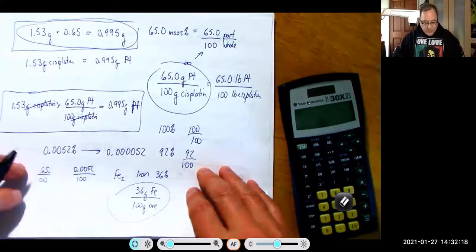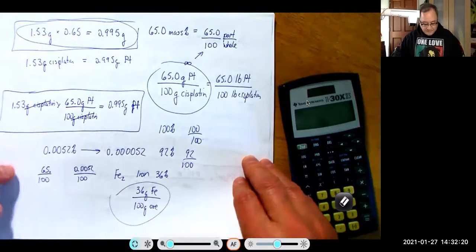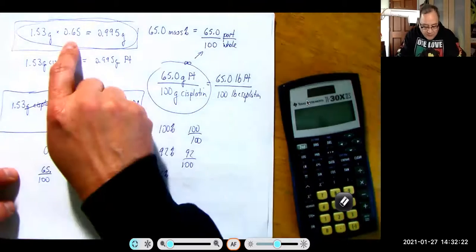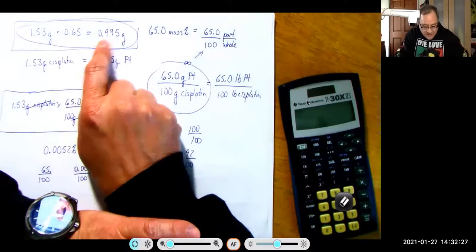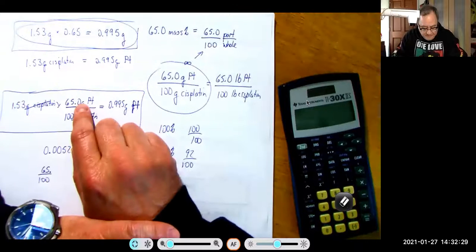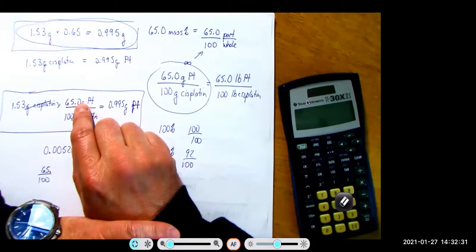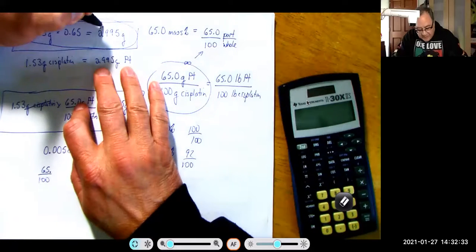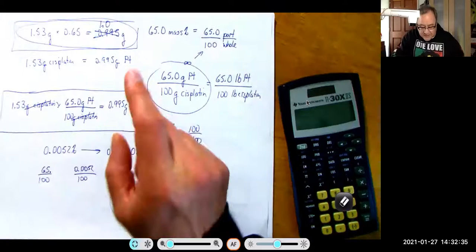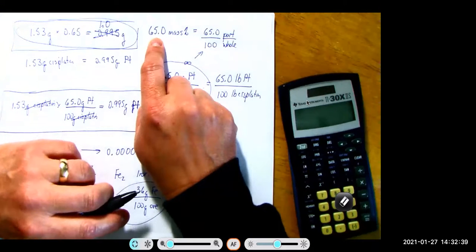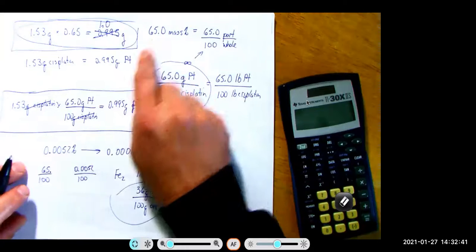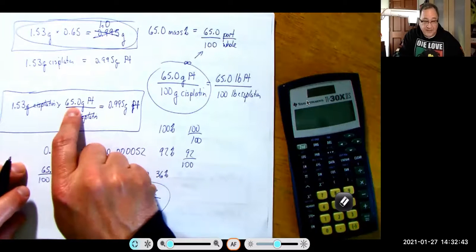Let me show you another reason why you don't want to move the decimal over. Do you see how we move the decimal over here, Rebecca? How many sig figs should we have in our answer? Just 2. Right, so it'd be 1.0. But do you see how 65.0 has 3 significant figures? And when I do this down here, do you see how it still looks like it has 3?